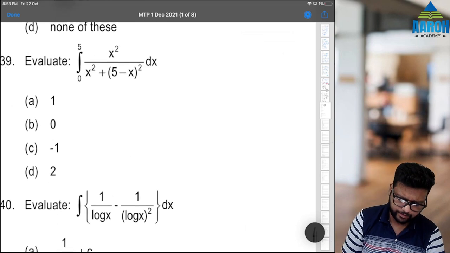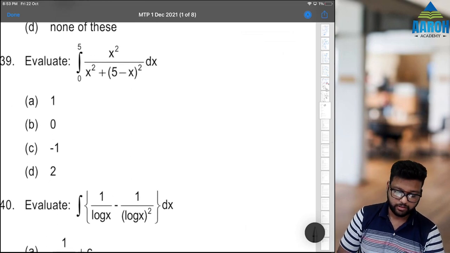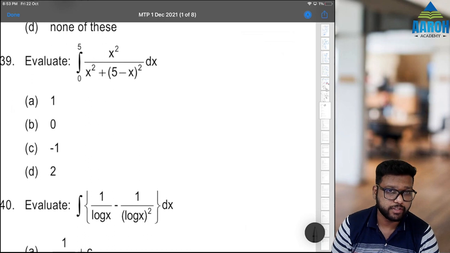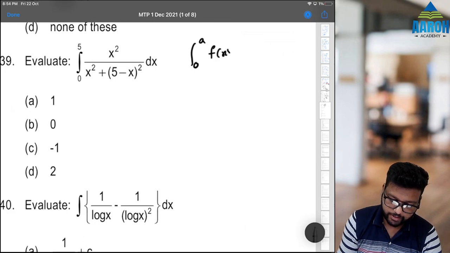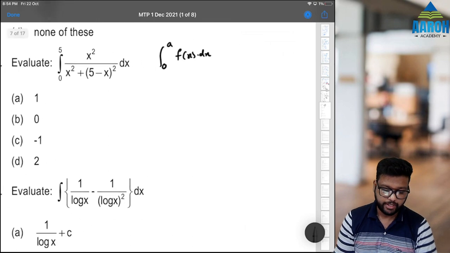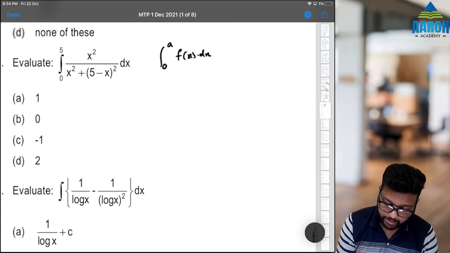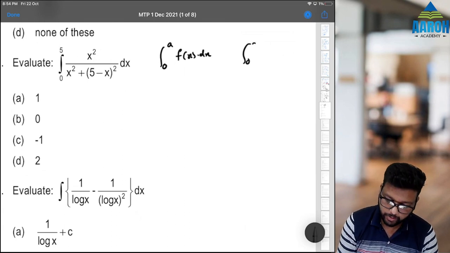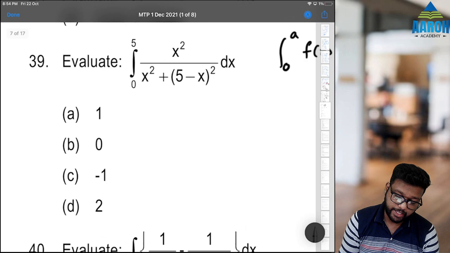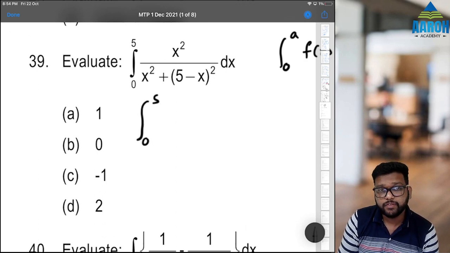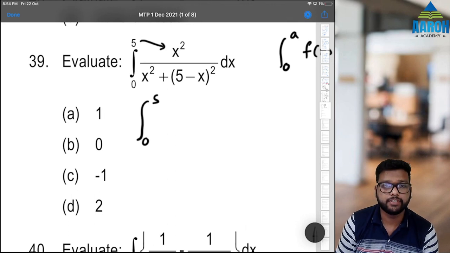Yes. 39. Evaluate this. Now you should know one property for this: integration from 0 to a of f of x is the same as integration from 0 to a of f of a minus x. So here we can write it as 0 to 5, but instead of x we'll write a minus x, which is 5 minus x.